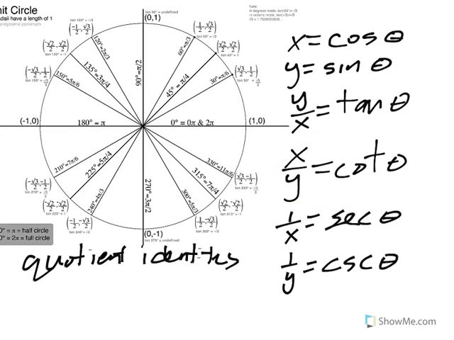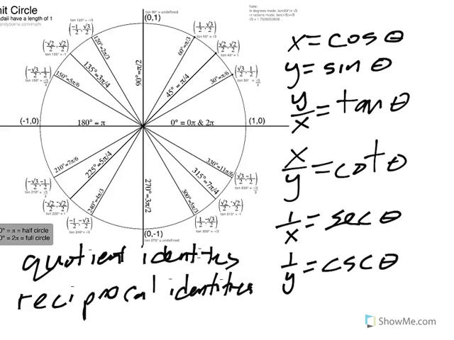The other type of basic identities that we study are called the reciprocal identities. And reciprocal, you'll remember, is just 1 over. Like the reciprocal of half is 2, and the reciprocal of 3/4 is 4/3. Whenever you go 1 over a number, that's its reciprocal. So, for example, secant theta is 1 over cosine theta.